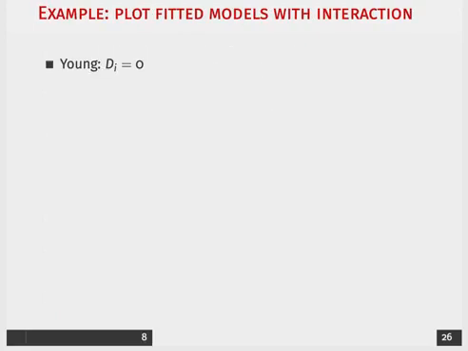With our estimated coefficients, we can also go ahead and fit the two regression lines, first for our young age group and then second for our older age group. For the individuals who were younger, d equals 0, and therefore the last two terms cancel out, and we just have beta naught plus beta 1 times the value of x, which is party ID.